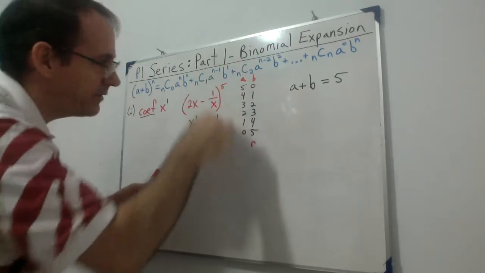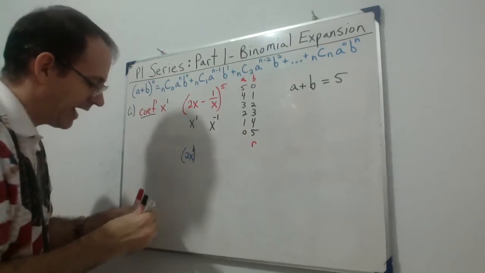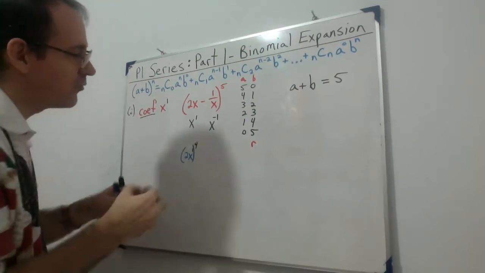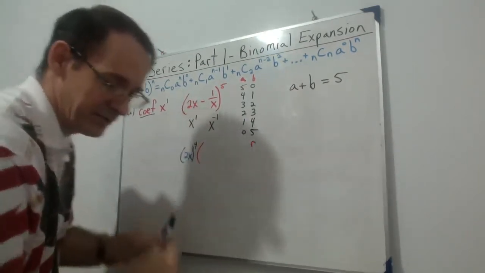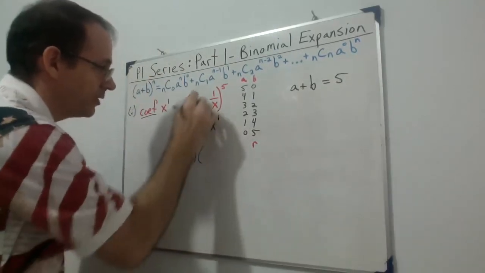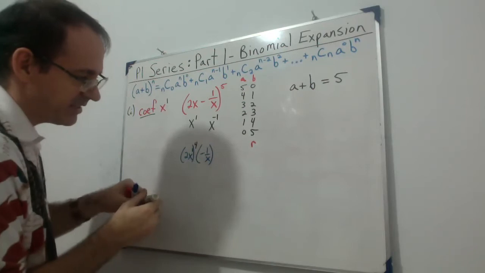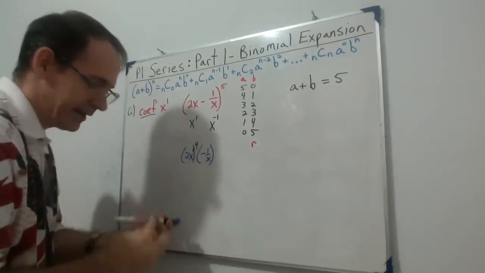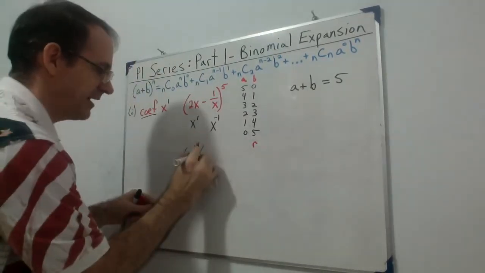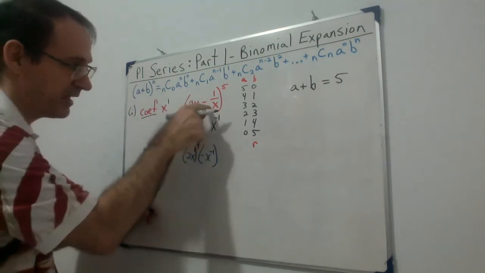So whichever one of these numbers, let's just take 4, 1, for example, it means we would have a 4 on this one, and our b term would be a -1 over x. Again, this x is actually an x to the -1, meaning I could write it, if you wanted to, as -1 x to the -1. You could write it like that. This is the same thing as this.